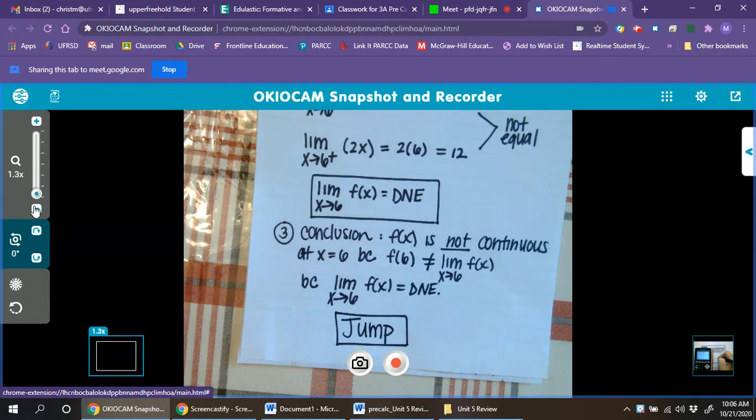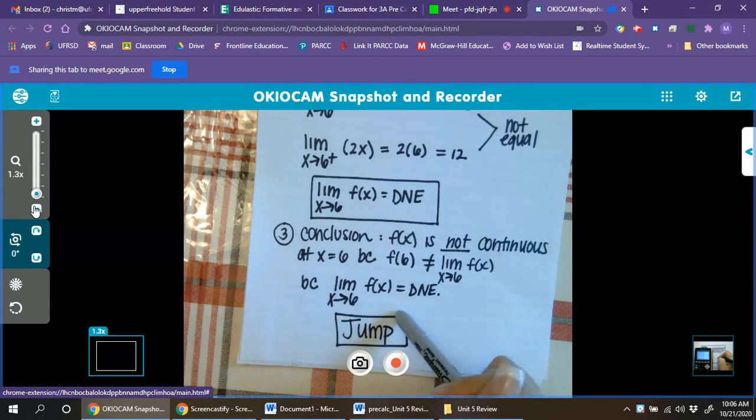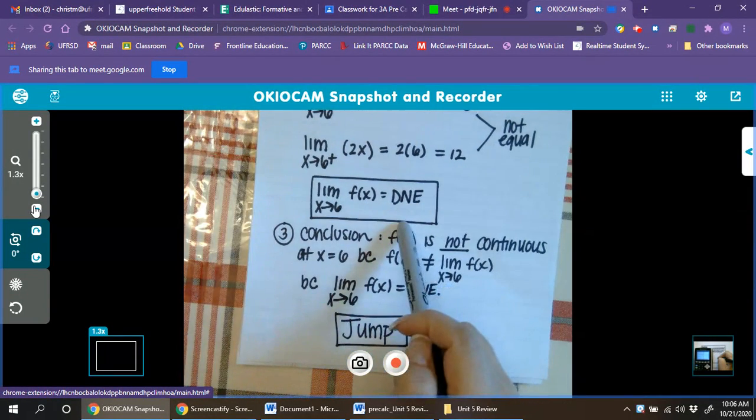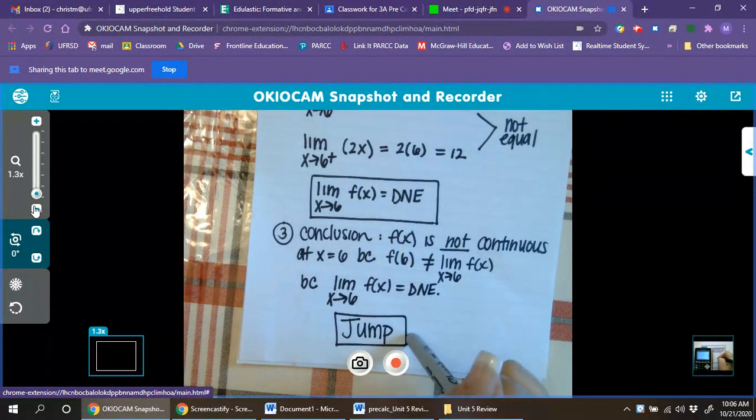Okay, so you got one example of each situation. You got a continuous, an infinite, a removable, and now a jump. Now, that's not to say for a piecewise function, it's always going to be a jump. Some of these will be continuous. Like you'll get an answer here, and then you'll get the same thing here, and that'll make it continuous.